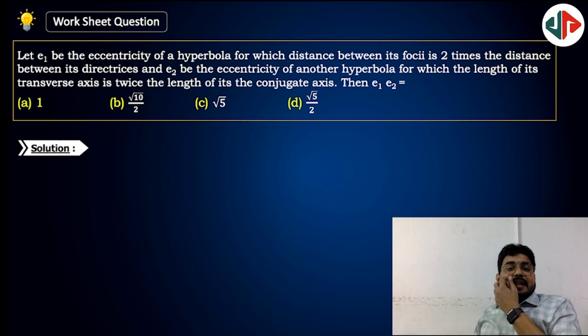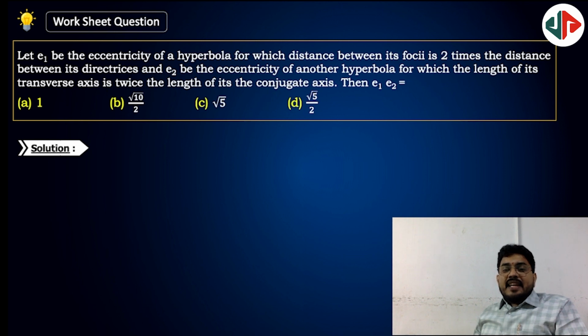Let E1 be the eccentricity of a hyperbola for which the distance between its foci is 2 times the distance between the directrices. E2 is the eccentricity of another hyperbola for which the length of its transverse axis is twice the length of its conjugate axis.